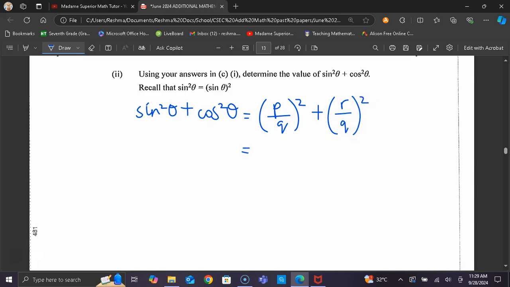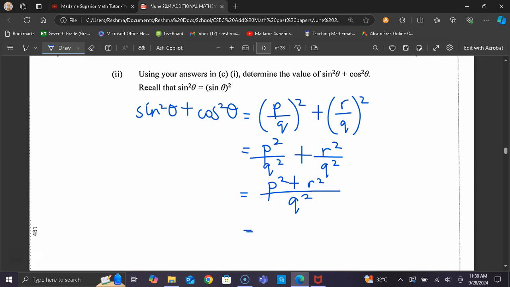So squaring both numerator and denominator, we'll get P squared over Q squared plus R squared over Q squared. Now, since the denominator is Q squared in each fraction, the common denominator will be Q squared, and then we just add the numerators. So P squared plus R squared over Q squared.